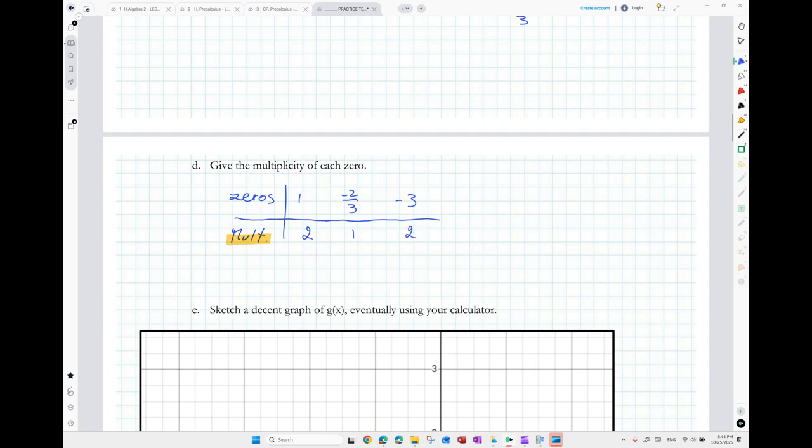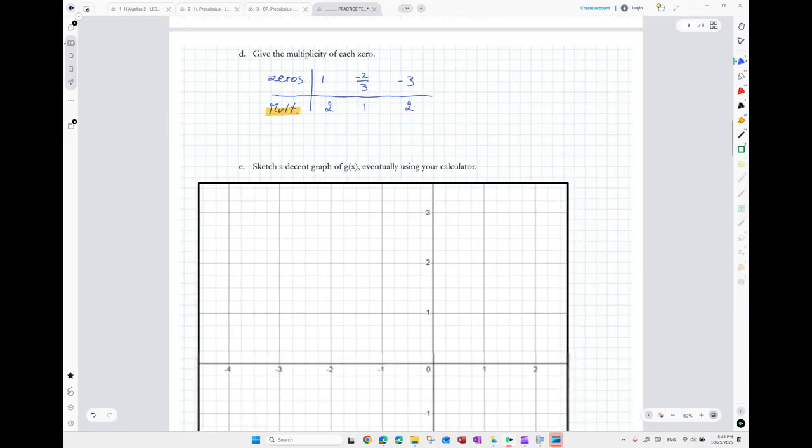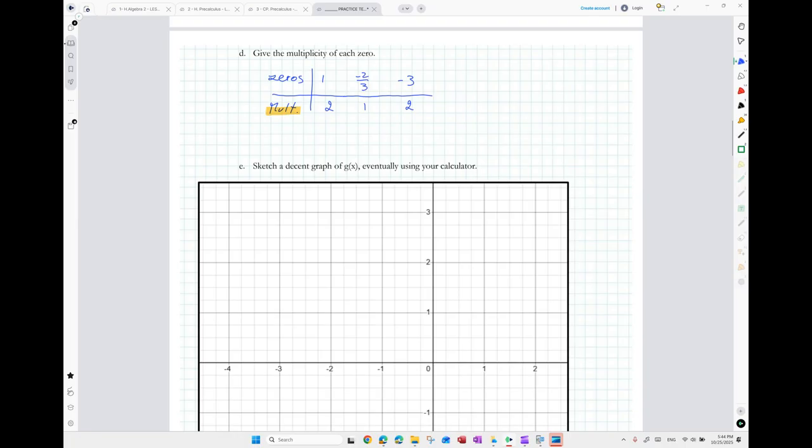And the first thing that I am going to do is to plot those zeros when I graph. So I've got 1, I've got negative 2/3, which is negative 0.6 roughly here, and negative 3 right there.